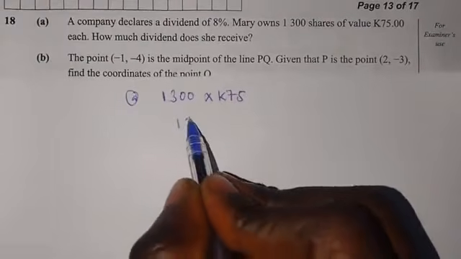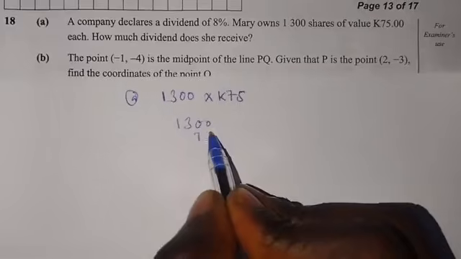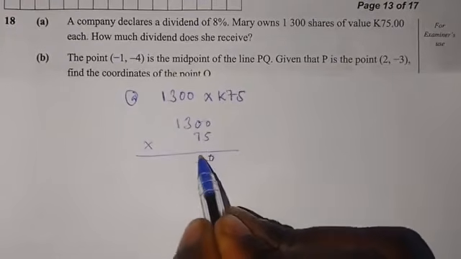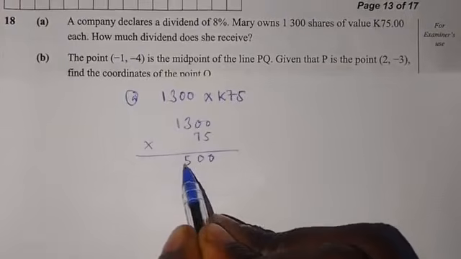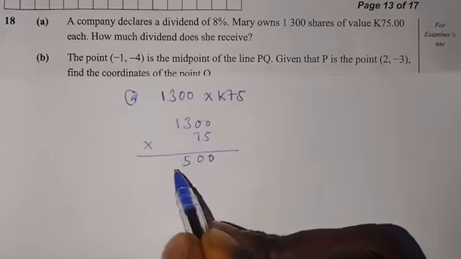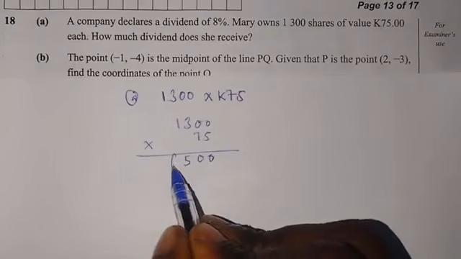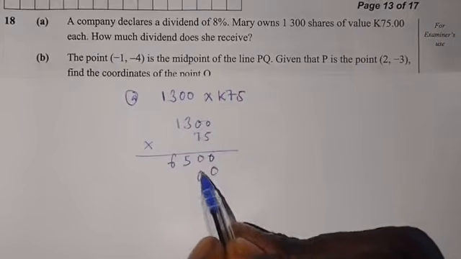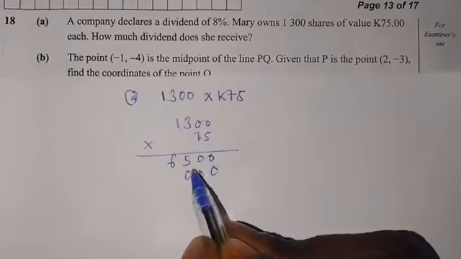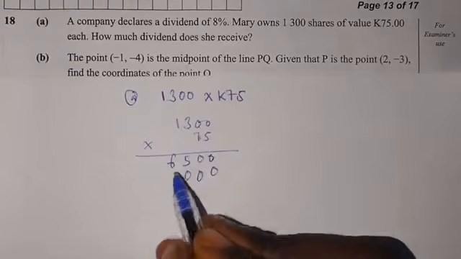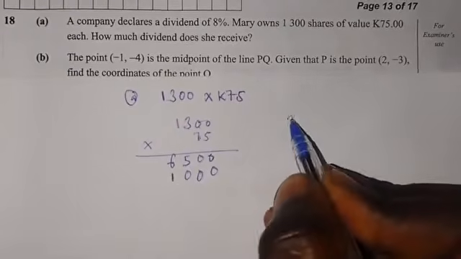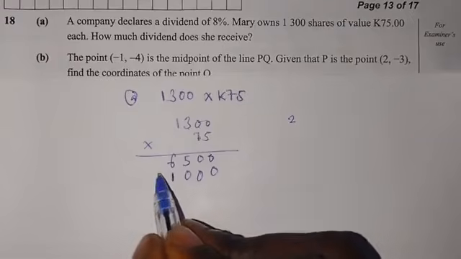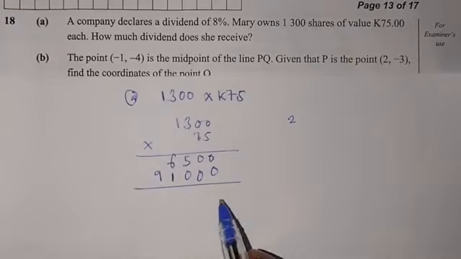So you write 1,300 times 75. 5 times 0, 0. 5 times 3, 15, you write 5, you carry a 1. 5 times 1, it's 5, plus that 1, 6. Then 7 times 0, 0. 7 times 0, 0. 7 times 3, 21, you write 1, you carry a 2. 7 times 1, it's 7 plus 2, it's 9. So we can add these.